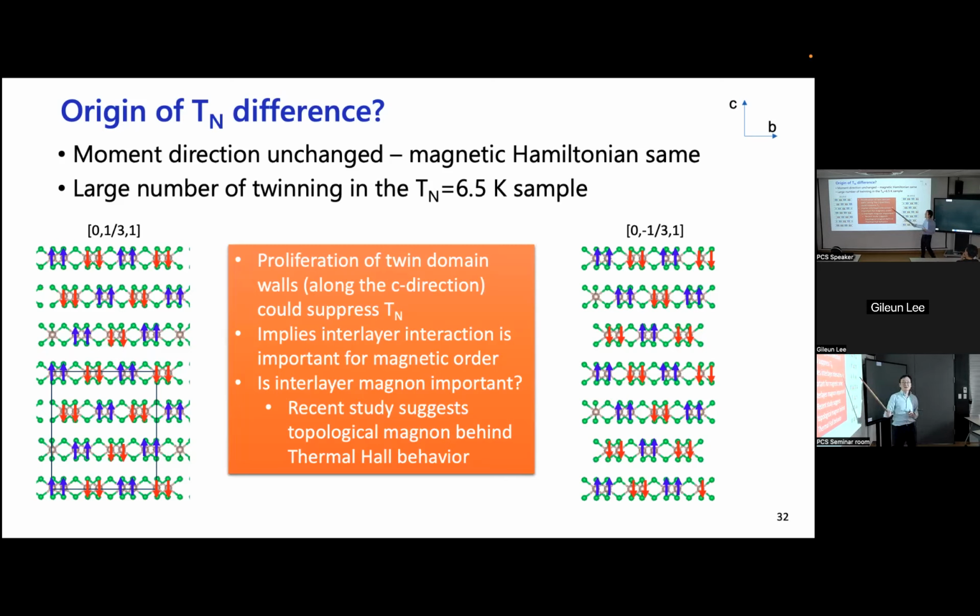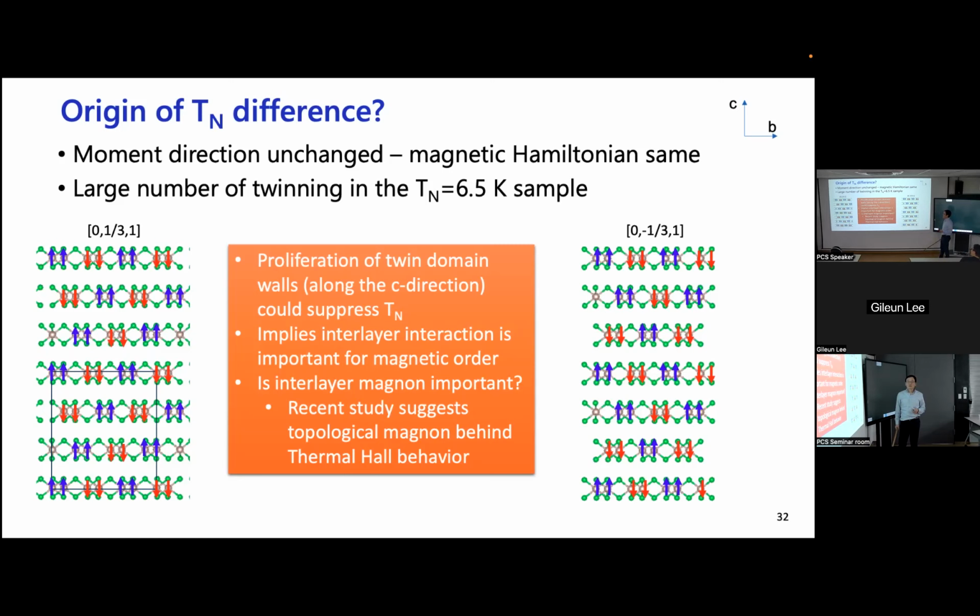So I think that is the conclusion that we get, and that implies the interlayer interaction is important for magnetic order. In some sense, that's maybe not surprising, but I think it is something that people haven't thought too much about. And obviously, interlayer interaction will be important for realizing something like the bilayer model that we just heard about.